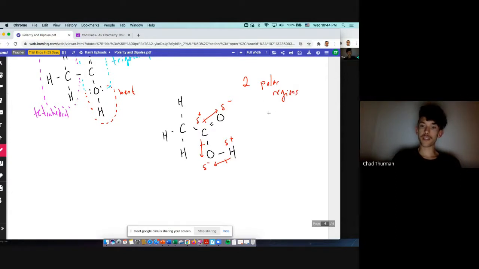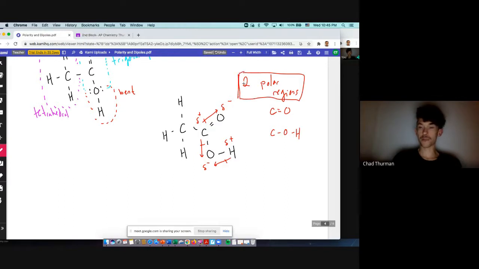The CO is a polar region, and the COH is another polar region. It's got 2 negatives, right? 2 partial negatives. And so with large carbon chain molecules like this, we cannot say if the entire molecule is polar.